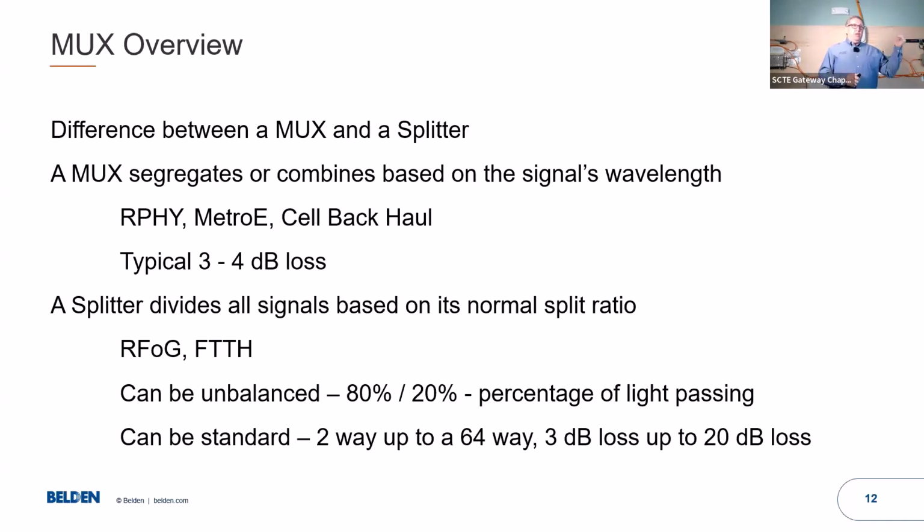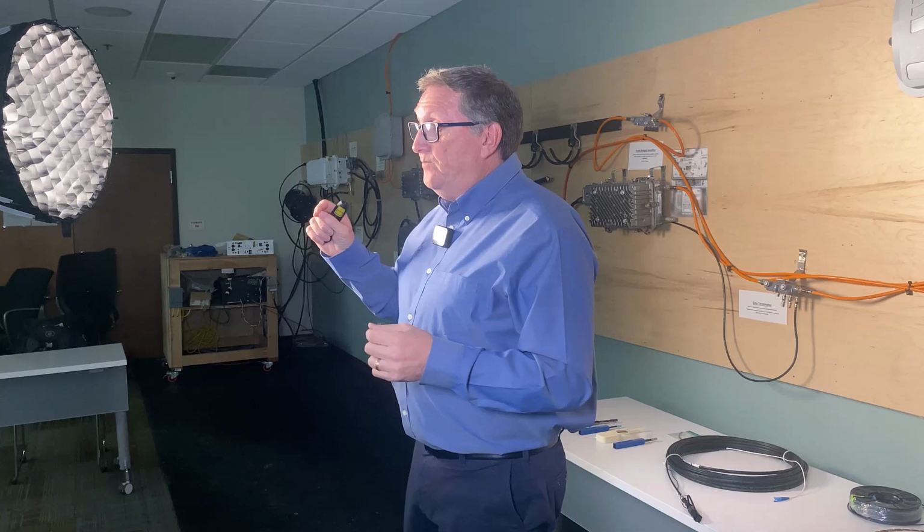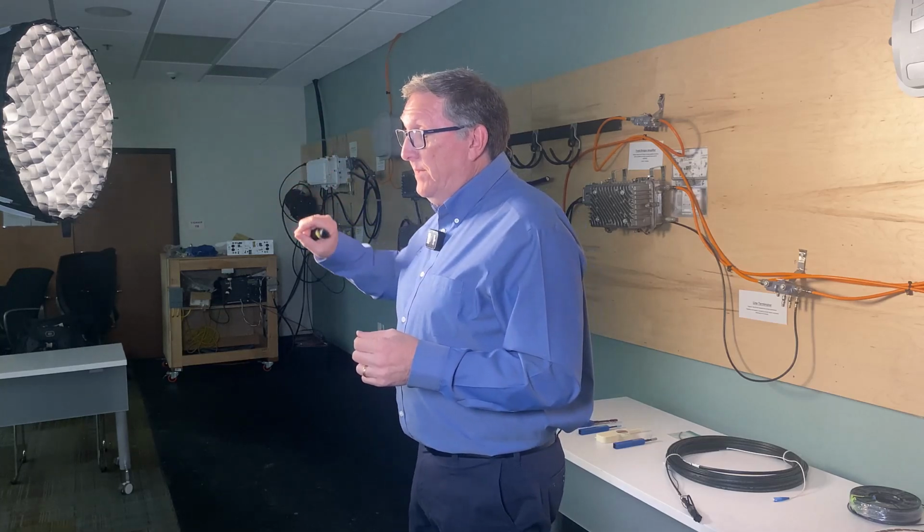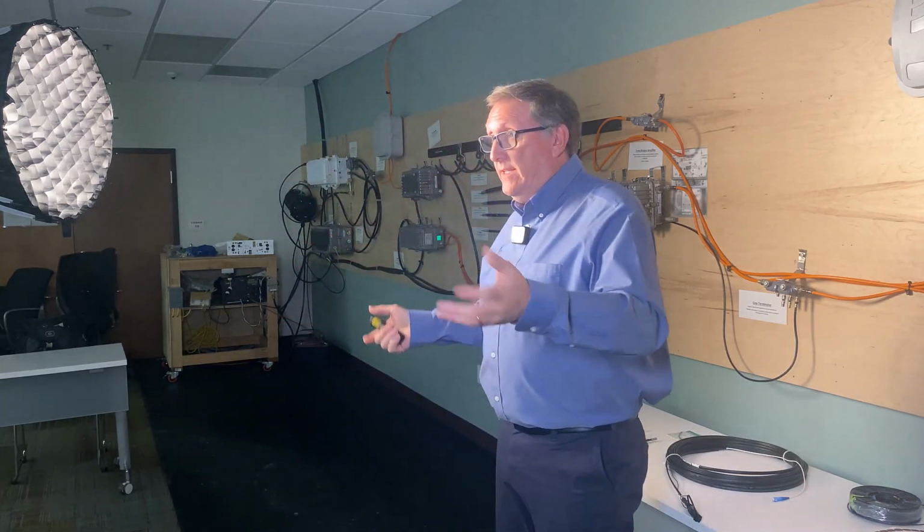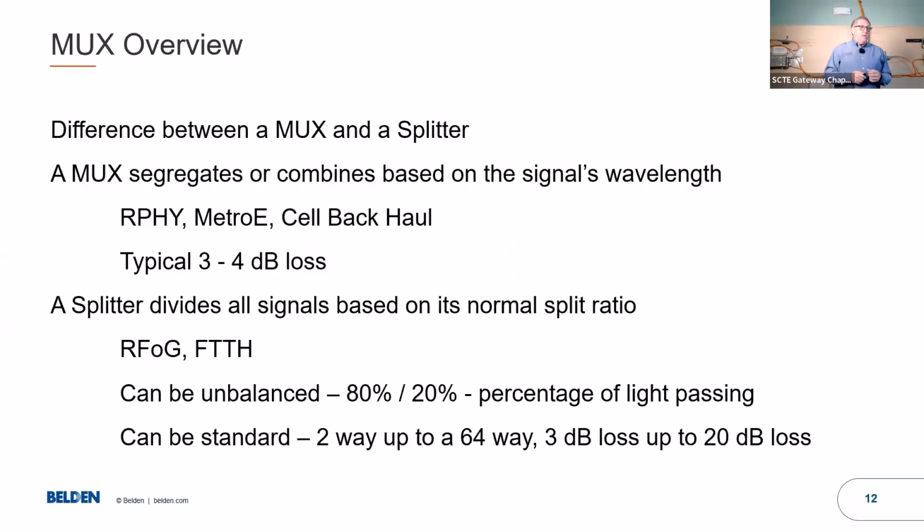So it's like channel 2 going in, or we'll use wavelengths, channel 40 goes in, everybody that's in that apartment building gets channel 40. Everybody that's off that splitter gets channel 40. There's higher losses. Everybody gets the same content, the same light, right?